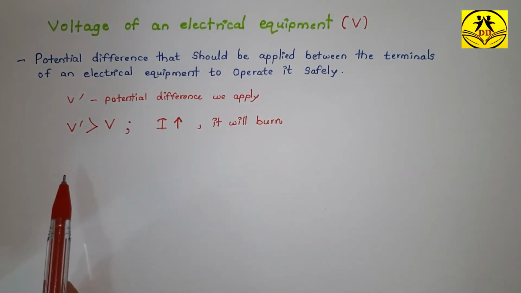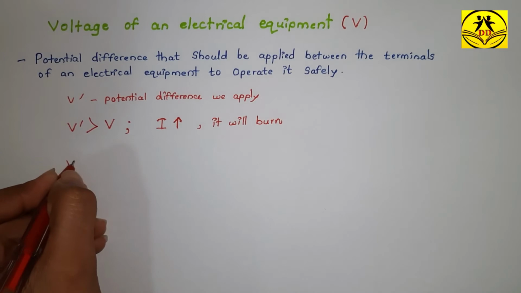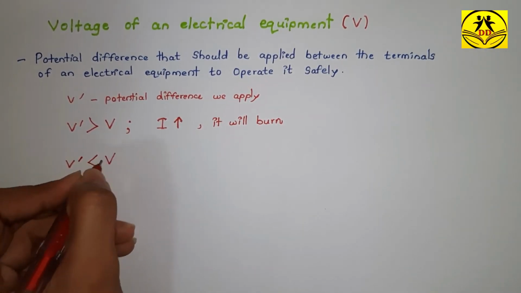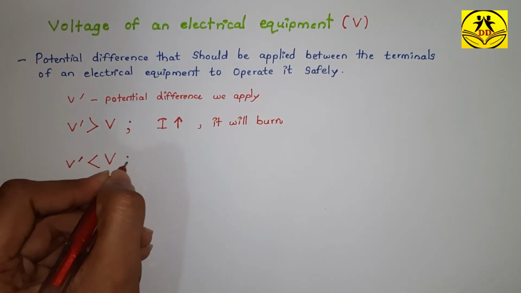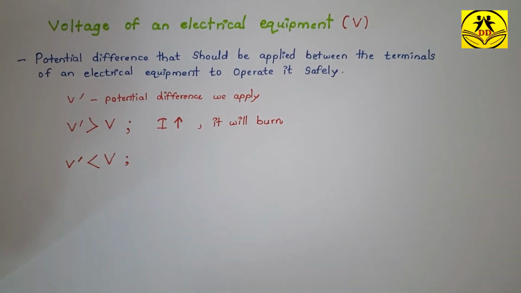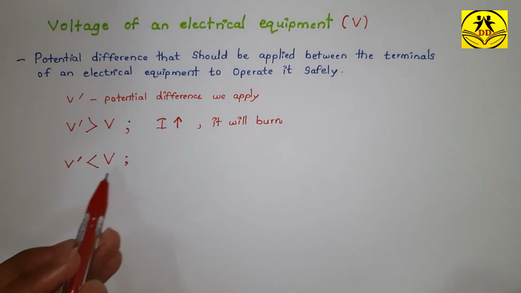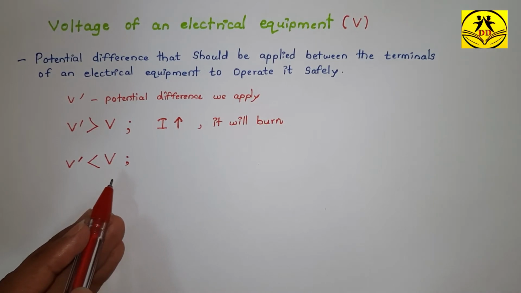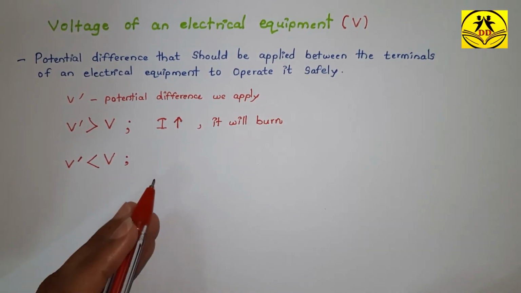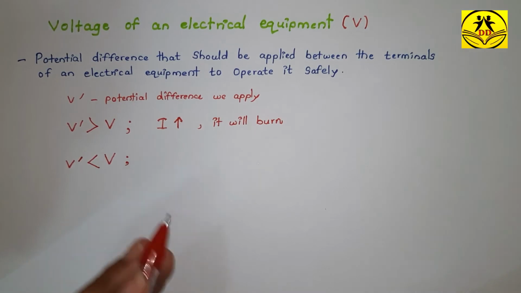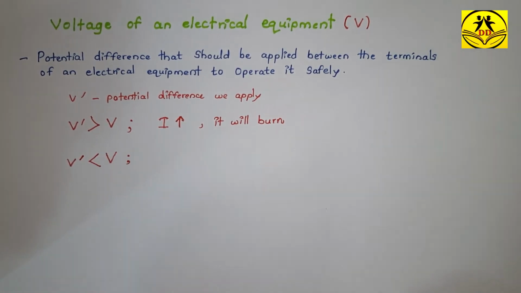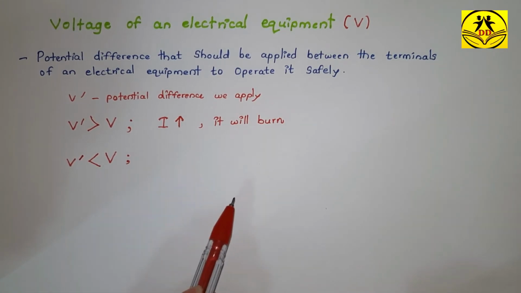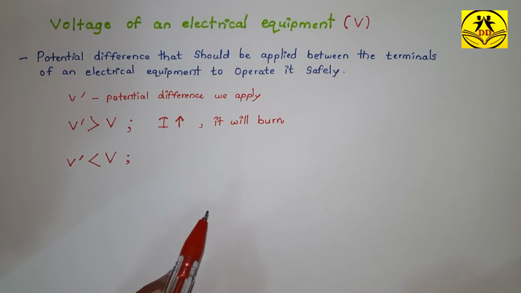Now what will happen if the potential difference we apply, V dash, is less than this standard potential difference, standard voltage of this electrical equipment? In this case, the energy we provide is less. So there's no damage to the circuit here, but only the power at which it works will decrease. So here the current flow through the resistor will not be its maximum current.